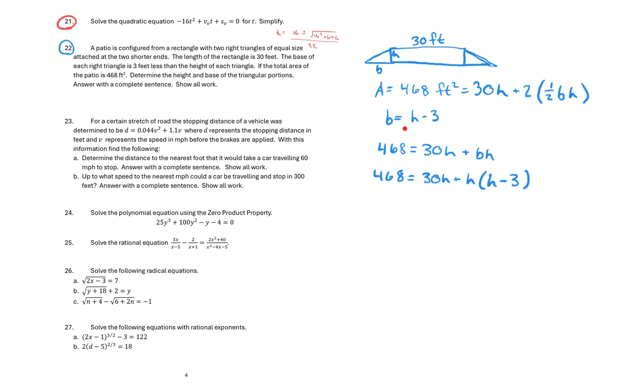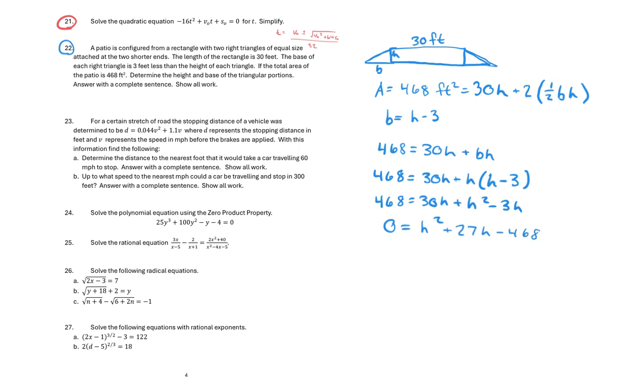And again, all I did is I just took this here and I put it right here for b. So now if I simplify this sum, you get 468 equals 30h plus h squared minus 3h. Now let's combine like terms and get everything to one side. So I have h squared plus 27h minus 468.